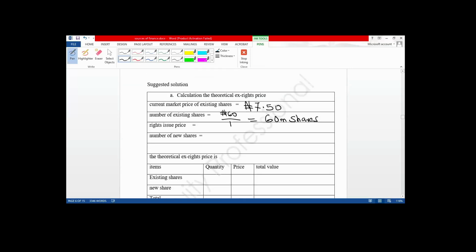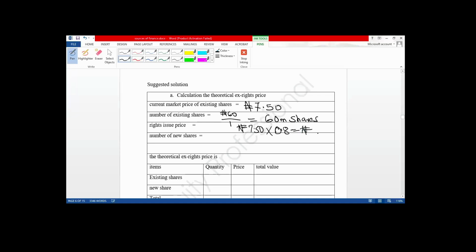Look at it. The current price is 7 naira 50 kobo. I will remove the 20% discount. That means I'm left with 80%. Find 80% of 7 naira 50 kobo.